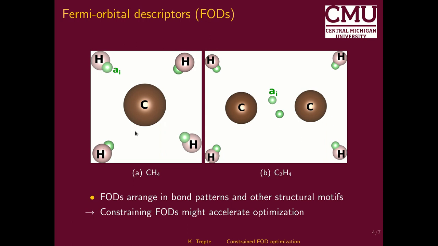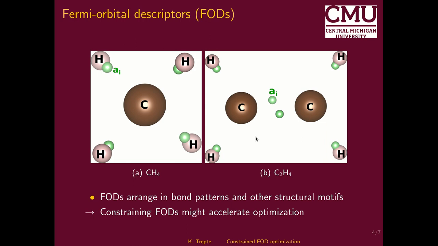which we have for all the carbon-hydrogen bonds. And if we then go to something slightly bigger, this is now C2H4, we see the same situation for the carbon and the hydrogen bonds, where the FODs are again right on the bond axis between carbon and hydrogen and correspond to a single bond. And in between the two carbon atoms, we know exactly that in C2H4 we have a double bond, and this is represented by two pairs of up and down FODs right in between these carbon atoms, oriented perpendicular to the molecular plane.